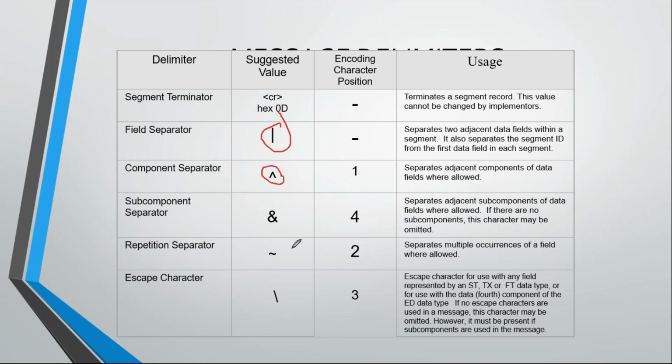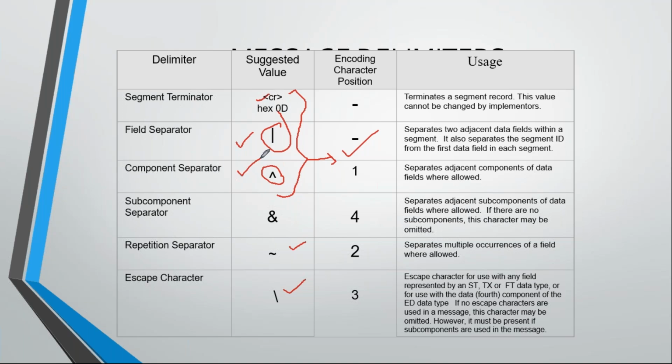And then we'll talk about the repetition separator and escape character later with the help of examples. That is when we'll understand better. But for now, these things are very important to understand. Even if this is not understood for now, that's okay. But the field separator and component separator are very important. Based on that, we can understand the HL7 message.